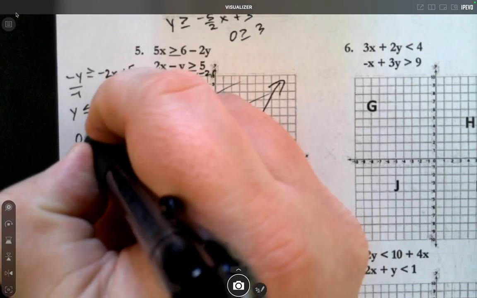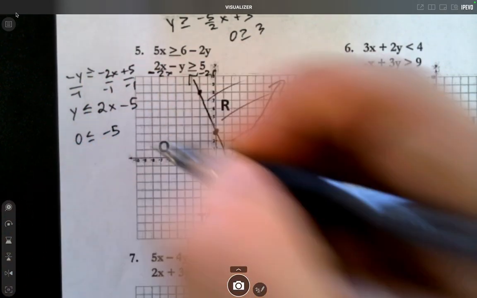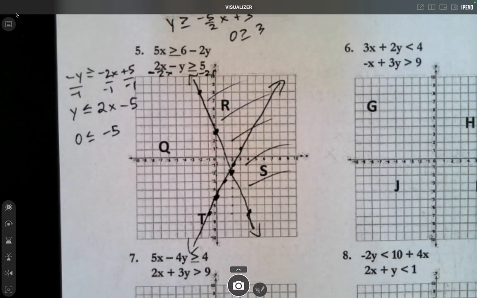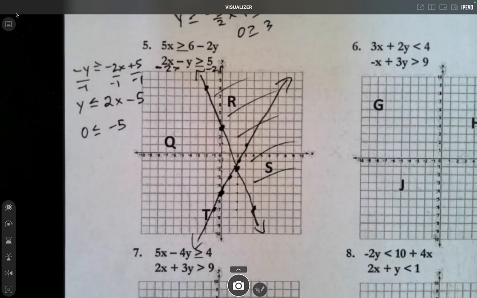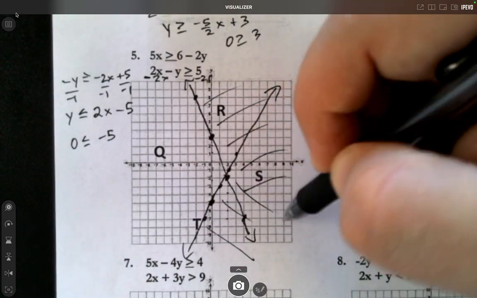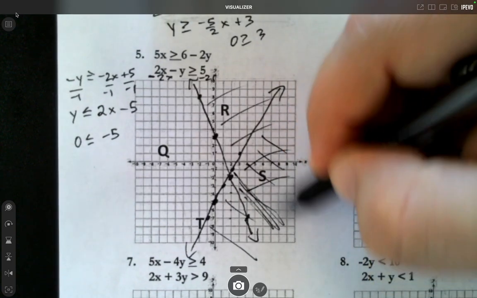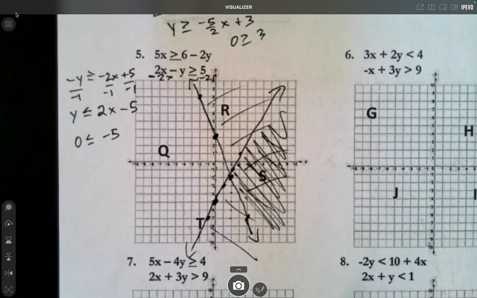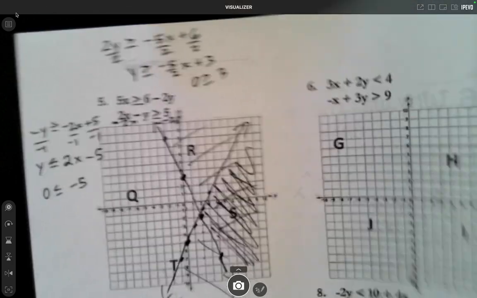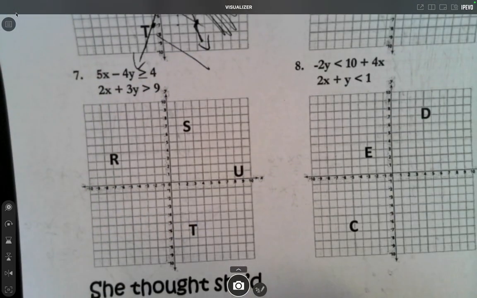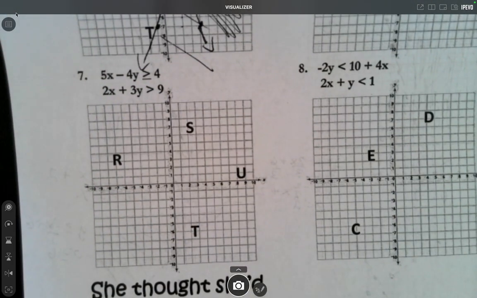We get 0 is less than or equal to negative 5. That's false. So we don't want to shade on the 0, 0 side because it's false. So instead, we'll shade on this side of the line. So it's in this area where we see the letter S that they are both true. So on number 5, we put an S.